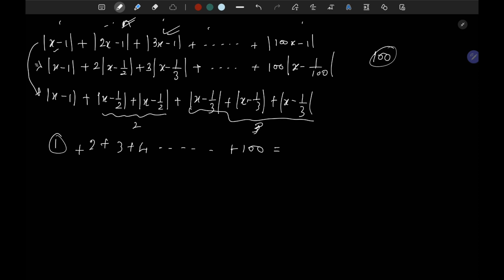If you have already read AP, then you know this sum is nothing but n into n plus 1 by 2 and your n here is 100. N is the number of terms and the number of terms here are 100. So this sum becomes 100 into 101 by 2.